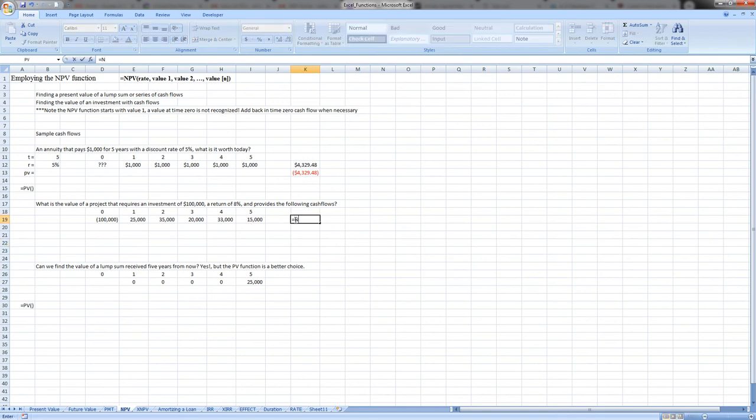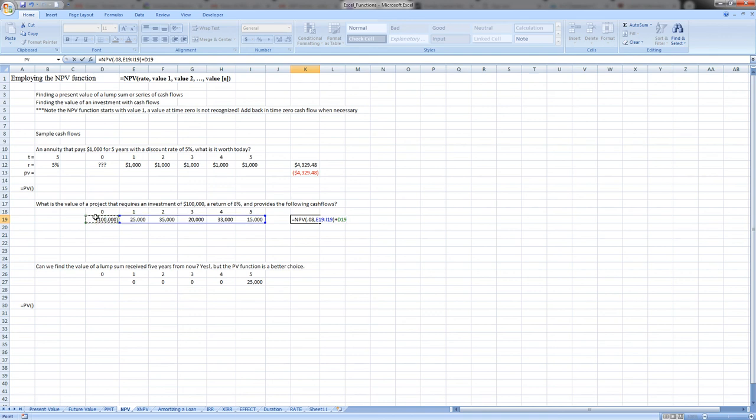So we start with =NPV. We type in the rate. Now again, remember, NPV starts at value 1. So in order to solve for the NPV, we're going to select the cash flows from years 1 through 5, close the parenthesis, but then to account for the cash outflow at time 0, we are going to add the initial investment, which is a cash outflow.